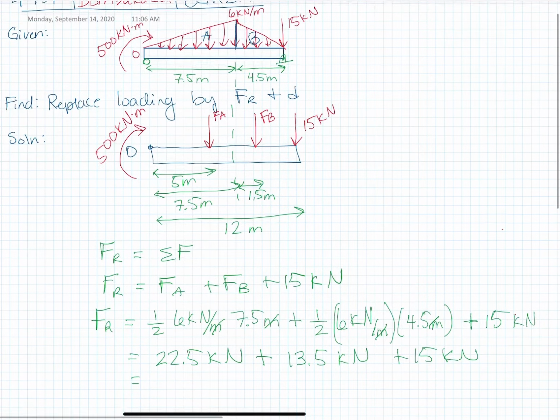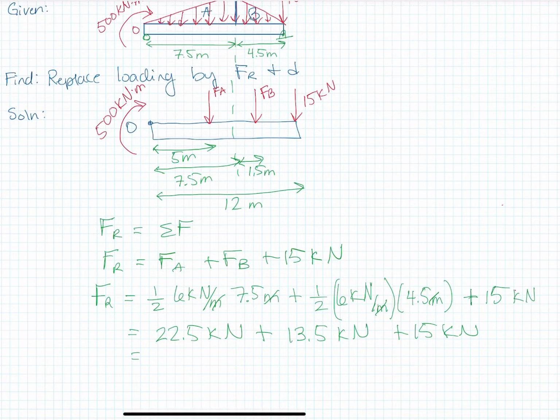So that gives us 22.5 plus 13.5 plus 15. So that gives us FR equals 51 kilonewtons. So that's part of what they asked for, the resultant force.